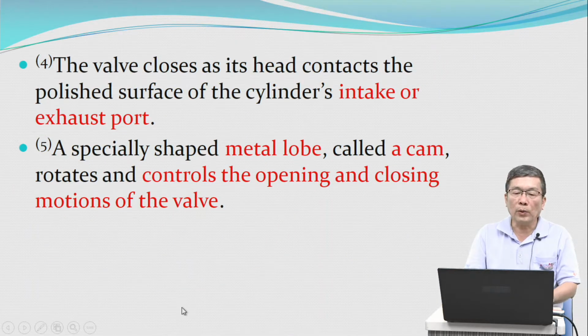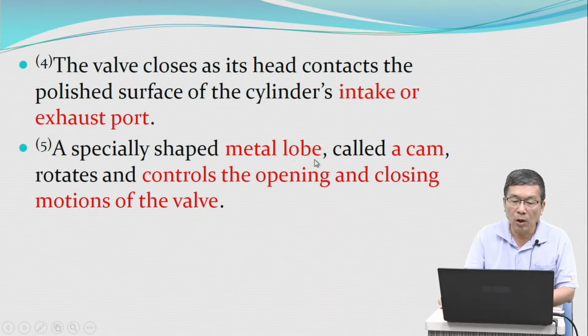The valve closes as its head contacts the polished surface of the cylinder's intake or exhaust port. A special shaped metal lobe called a cam rotates and controls the opening and closing motion of the valve.